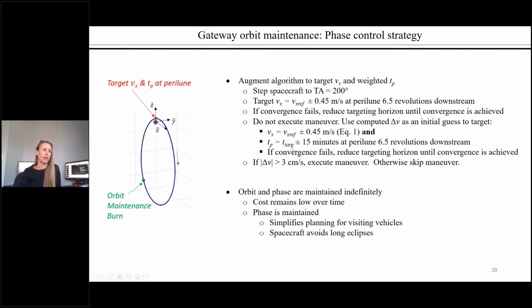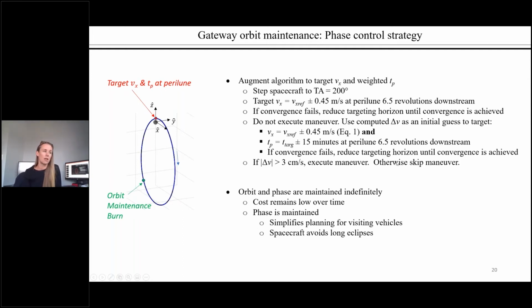Where this target is a weighted value of perilune passage time, it's not super effective to target it precisely, but in the paper you'll find the equation for the weighted perilune passage time. Anyway, so if the convergence fails, we reduce the targeting horizon until it's achieved. And then if the delta V is over a minimum threshold, whatever we choose that to be, we execute the maneuver, otherwise we skip it.